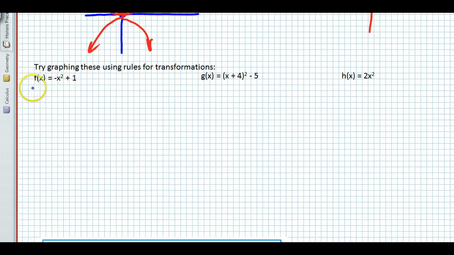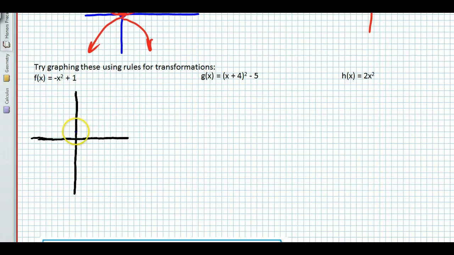For example, if we're asked to graph f of x equals negative x squared plus 1. Okay, first of all, I notice that we have a negative in front of x squared, so I know it's going to be concave down. And a is 1, so it's going to follow our 1, 1, 2, 4, 3, 9 pattern, but going down. And then the plus 1 is going to bump everything up 1 unit.